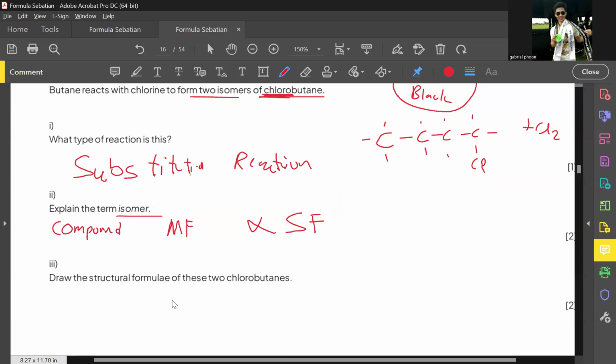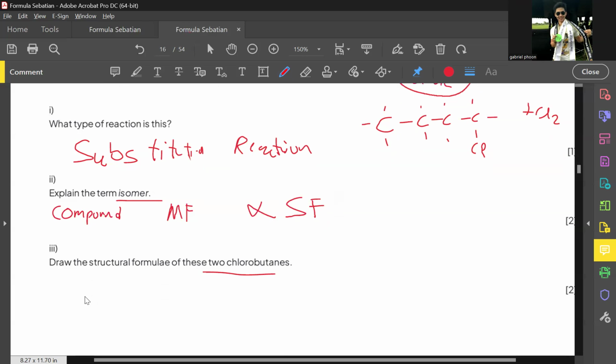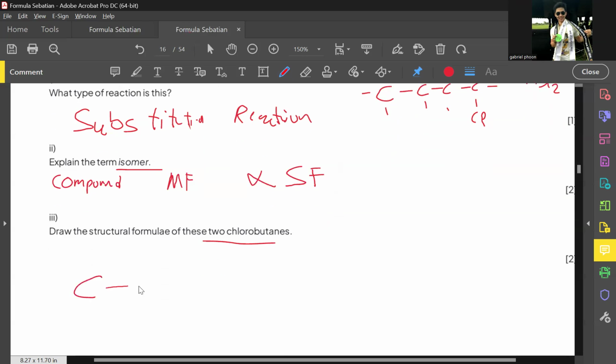Then after that, the next question asks you to draw two structural formulas of the 2 isomers of chlorobutane, right? The first one, I'll give it to you, guys. You tell me how to do the second one. C, then Cl, then all this is H, and H. Draw me the second one, guys.